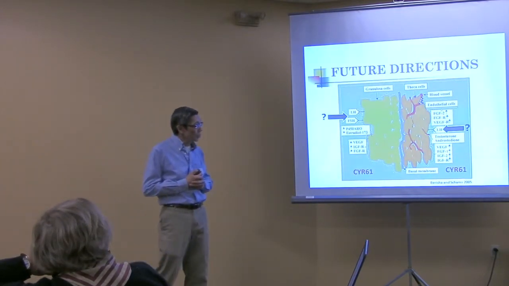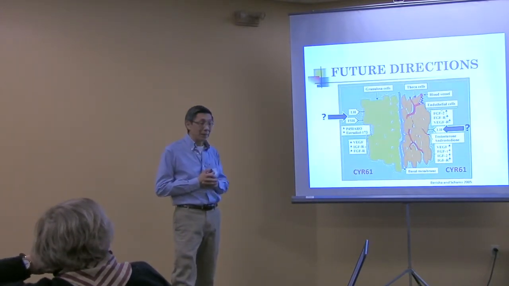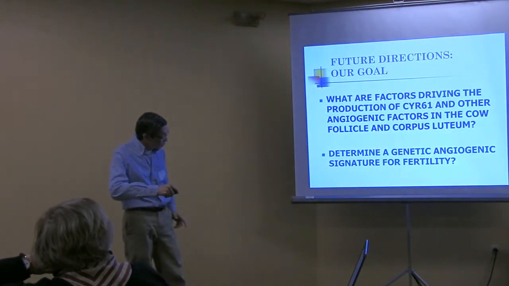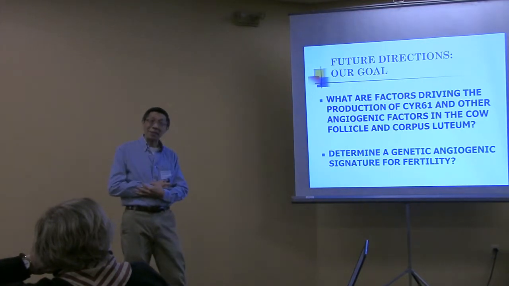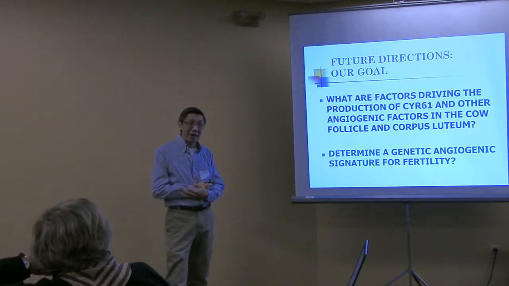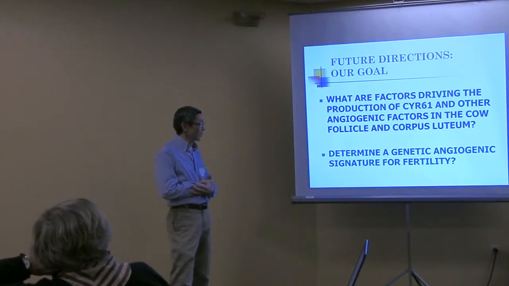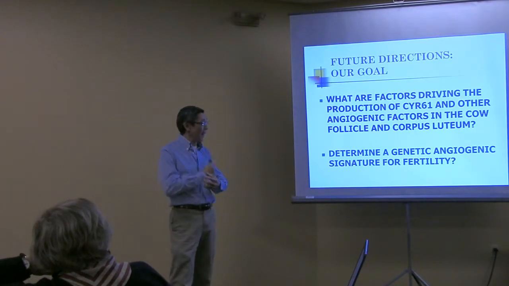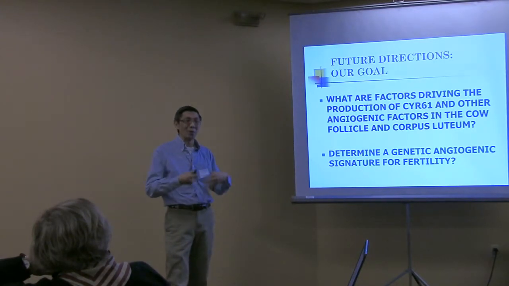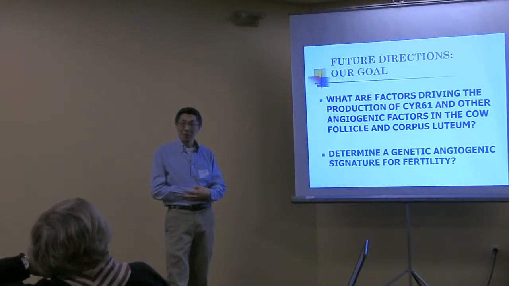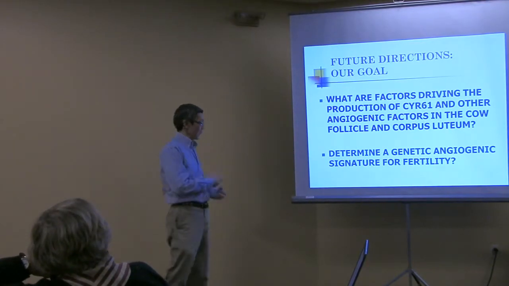And that angiogenic signature can then be used to screen for maternal fertility in terms of, let's say, distinguishing between cows of high fertility versus cows of low fertility. So wouldn't it be nice to take a blood sample and be able to say, yes, combined with maternal fertility and, of course, the other factors that I've mentioned, that is going to enhance reproductive performance in dairy cows.